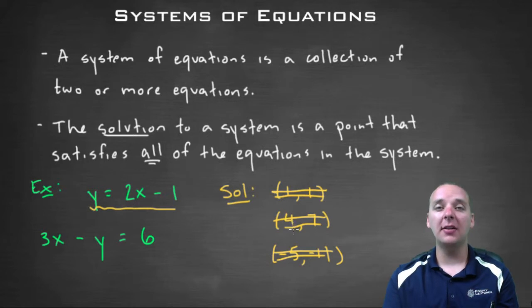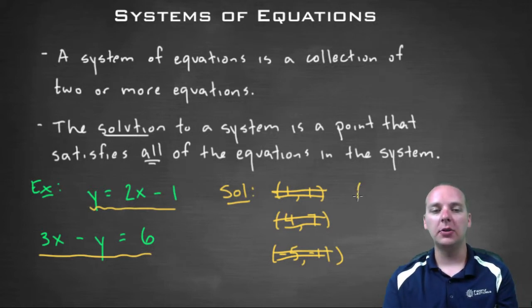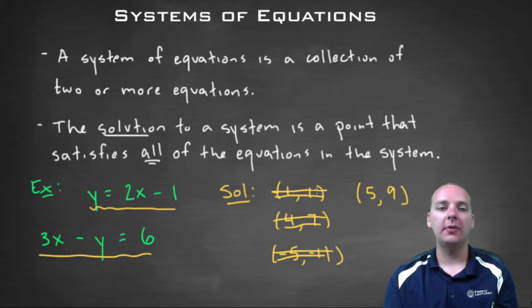So you can tell it's kind of hard to find the point that would make them both true at the same time. In our upcoming videos, I'll show you three different ways of getting the answer, but I think this one would be (5, 9). Let me check myself on that. If x is 5, 2 times 5 is 10, and 10 minus 1 makes 9.